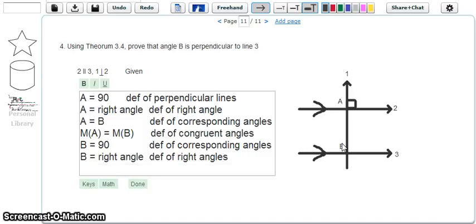And finally, because we know that angle B is a right angle, we then say that line 1 is perpendicular to line 3 because of the definition of perpendicular lines, because perpendicular lines create an angle of 90 degrees.